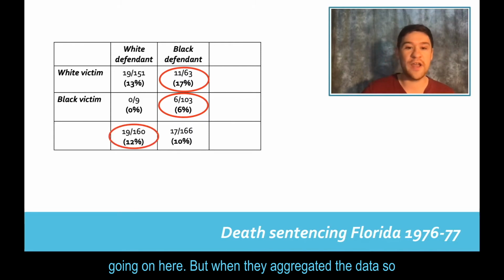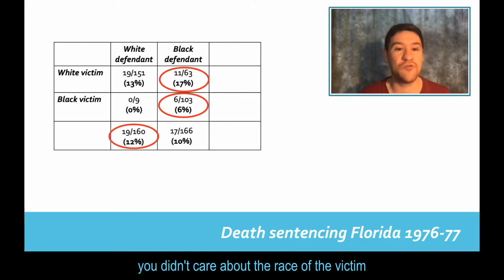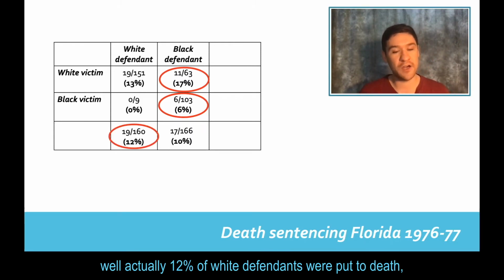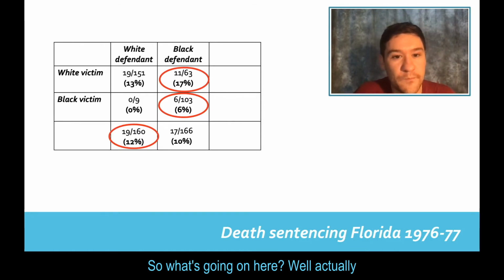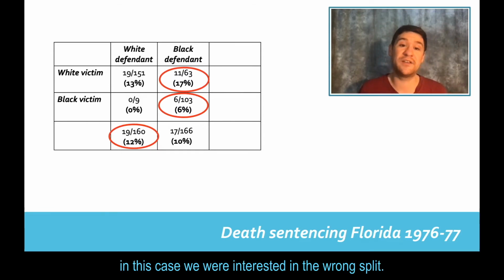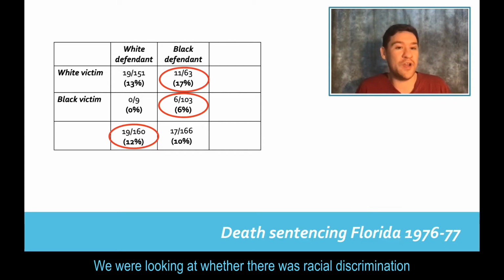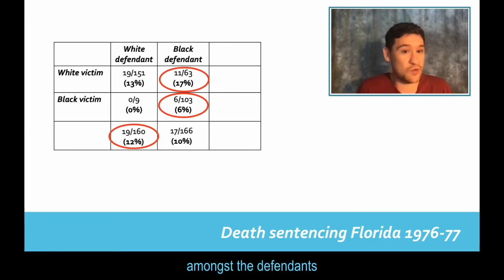But when they aggregated the data, so you didn't care about the race of the victim, actually 12% of white defendants were put to death, but only 10% of black defendants were put to death. So what's going on here? Actually, in this case, we were interested in the wrong split. We were looking at whether there was racial discrimination amongst the defendants.